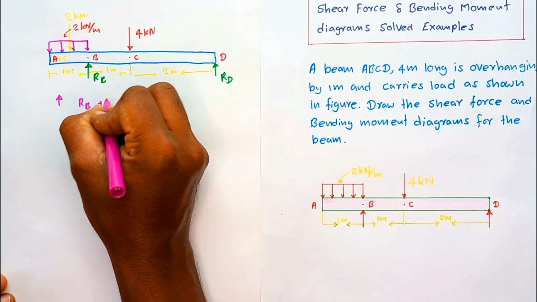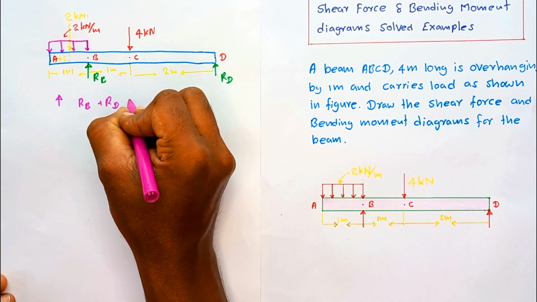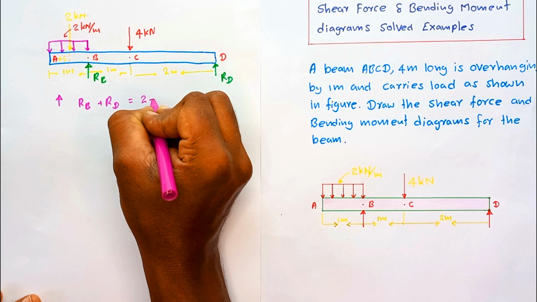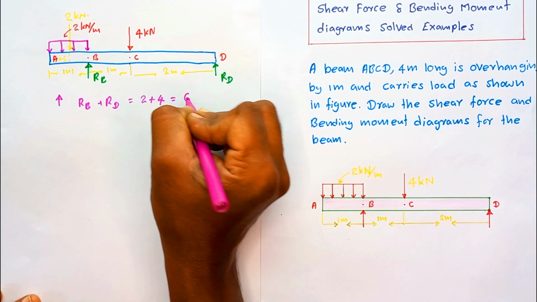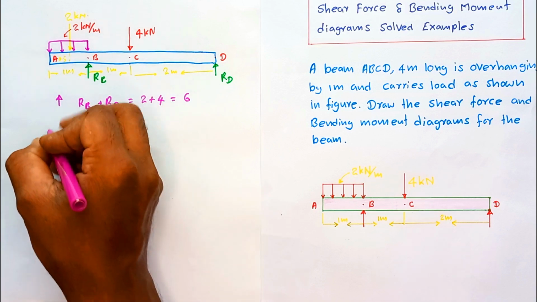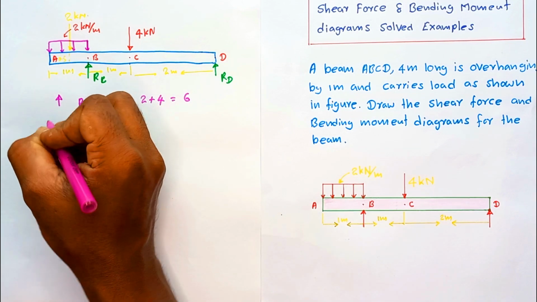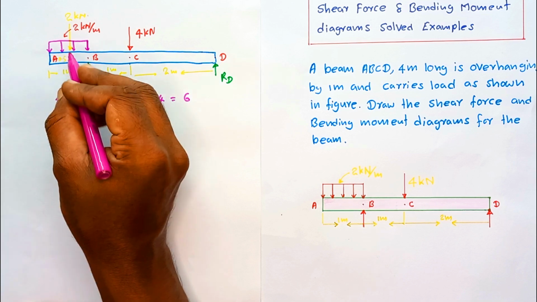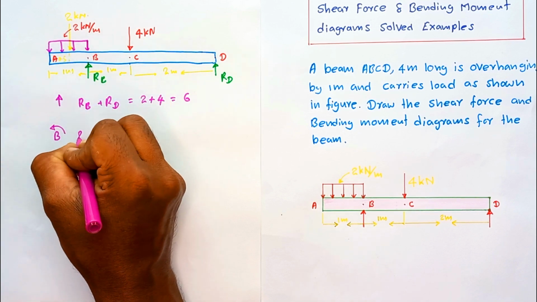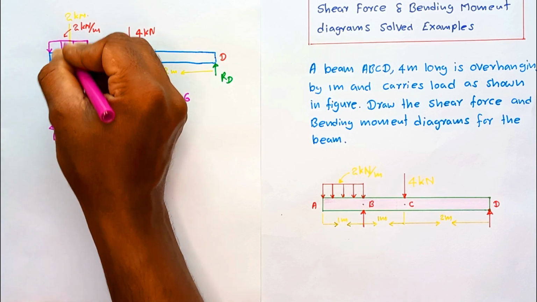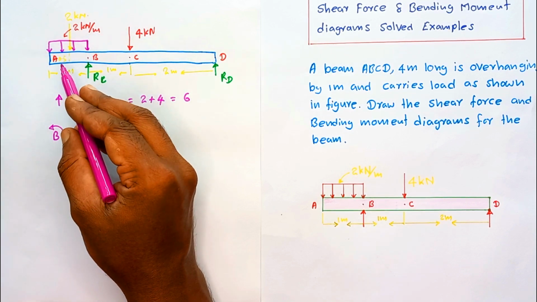RB plus RD is equal to 2 plus 4, that is equal to 6. Then I am going to take the moment around this B point. By taking the moment around B, 2 into 0.5, the moment produced by the distributed load.